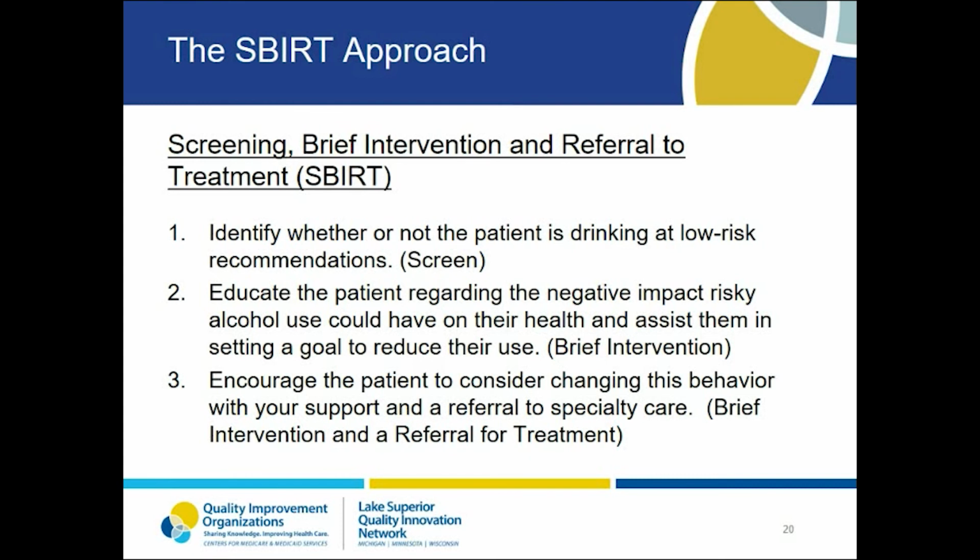The 25% in the risky non-dependent group will be the most likely to benefit from a brief intervention or a brief intervention with follow-up. The 4% in the risky dependent group will benefit more from your support and a referral to specialty treatment. Personally, I really appreciate the way the US Audit tools complement the SBIRT approach to addressing alcohol issues.